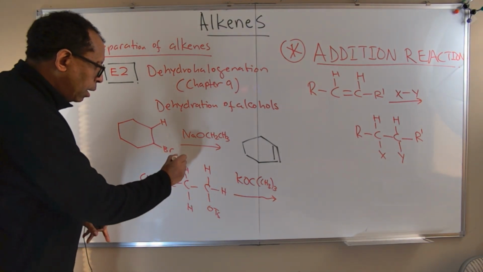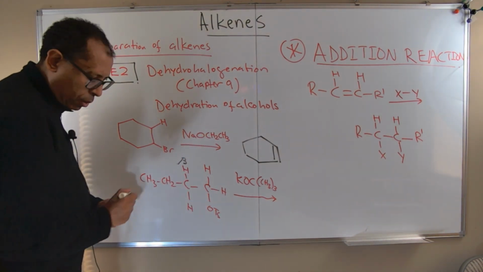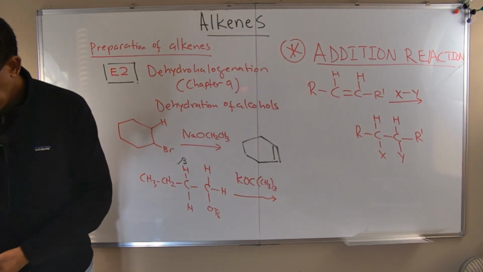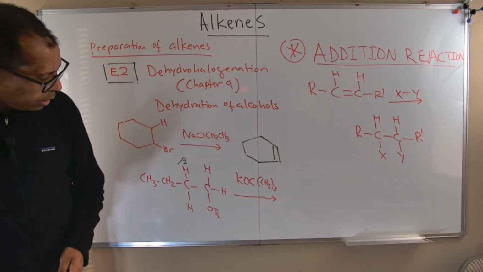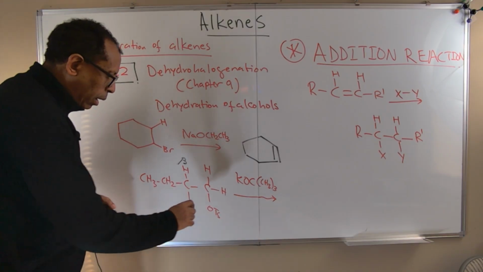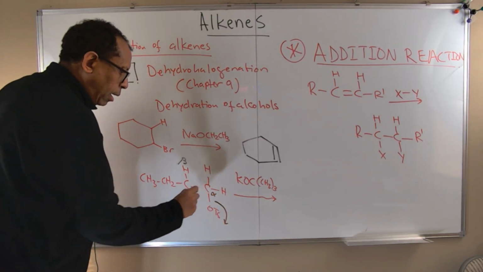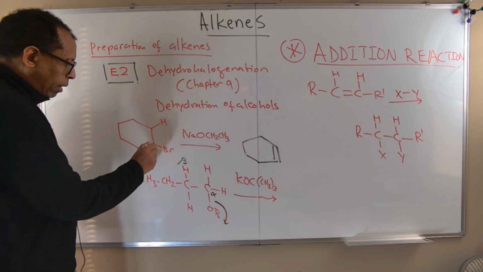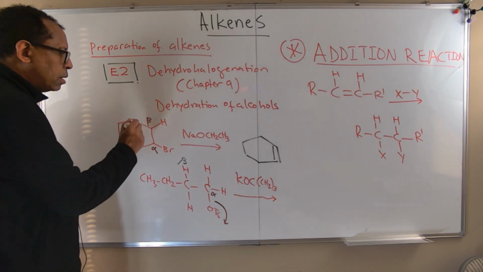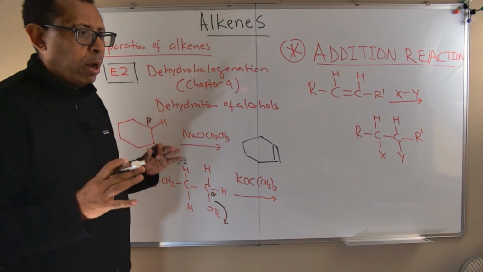One of the beta hydrogens would be eliminated, and this one also moves out. So this is the alpha carbon, and here you have beta. This is the elimination reaction we have already covered.